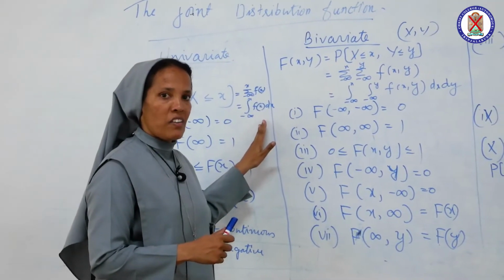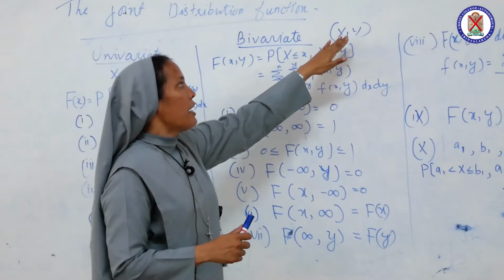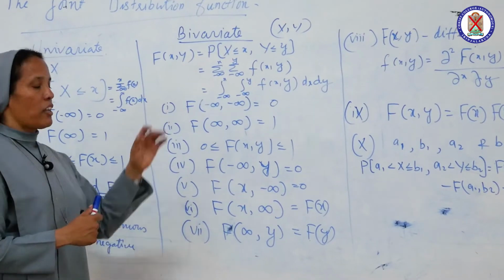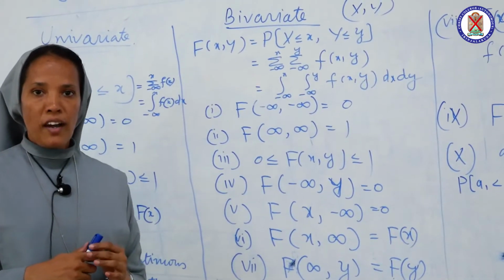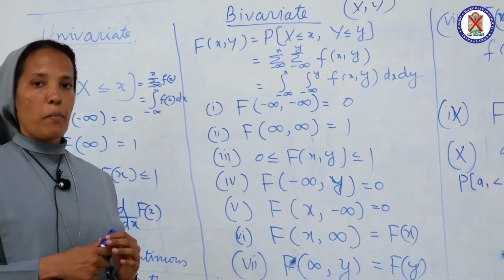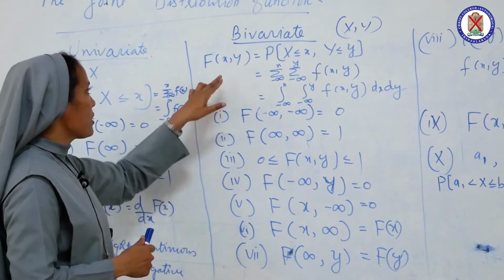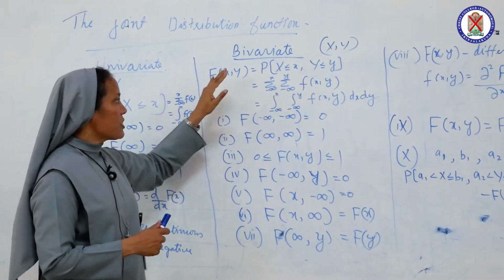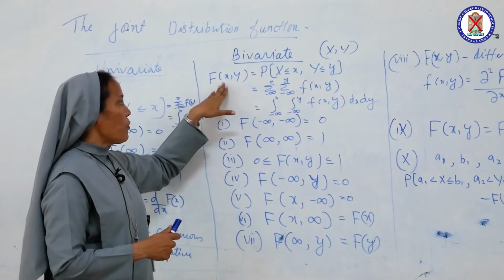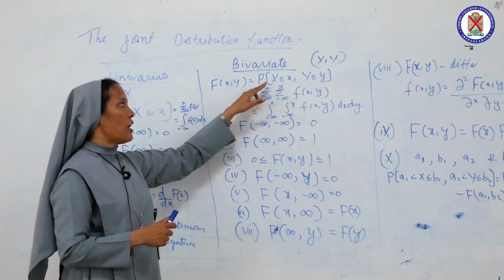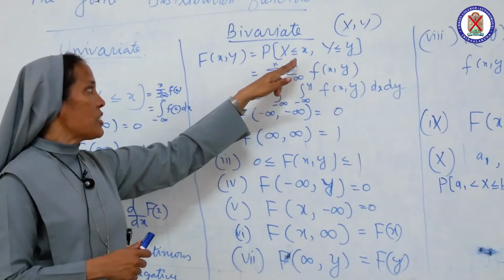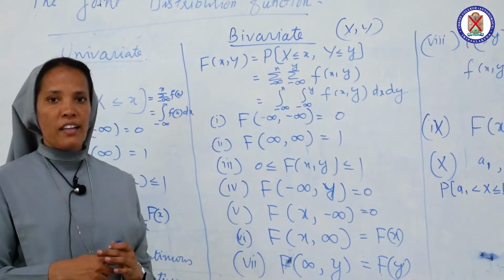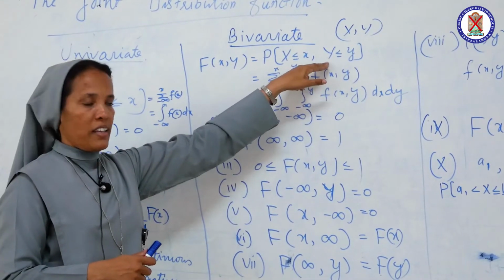Now coming to the bivariate distribution, we have a pair of random variables x and y. Corresponding to this pair of random variables, we define the joint probability distribution function, denoted by capital F of x comma y, and it is defined as F of x comma y is equal to probability of random variable x less than or equal to small x comma y less than or equal to small y, where y is the random variable y.